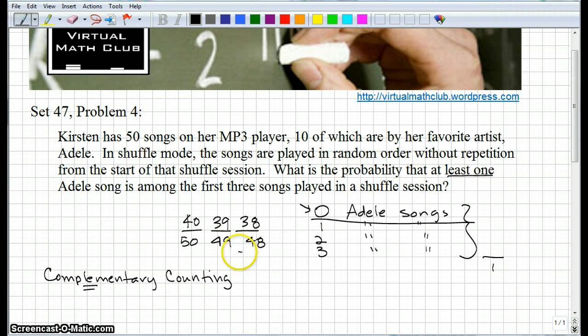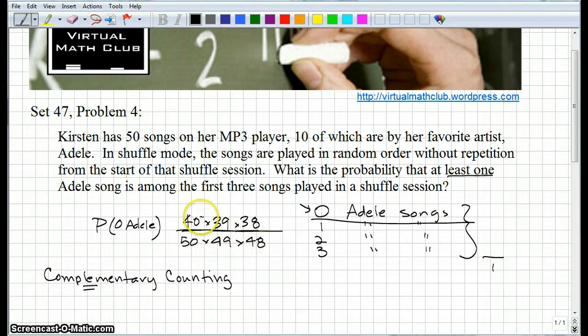Okay, and the ratio of those two, the number of desired outcomes over the number of total outcomes, is the probability, right? So let's calculate this out. This would be the probability of 0 Adele songs.